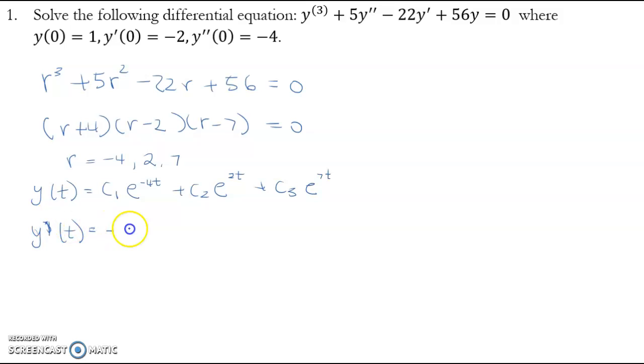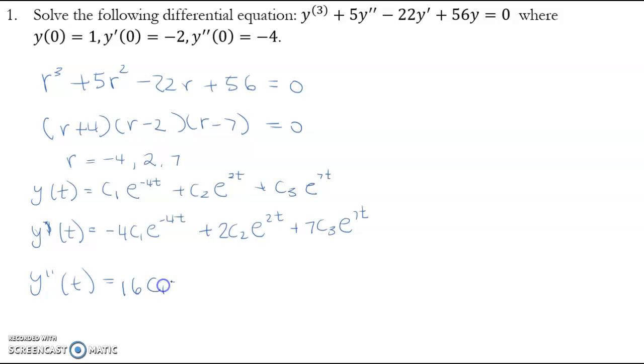Differentiated once, that would be -4 C1 e to the power of -4t plus 2 C2 e to the 2t plus 7 C3 e to the 7t. And I think we need to do this one more time. So that's going to be 16 C1 plus 4 C2 and 49 C3.